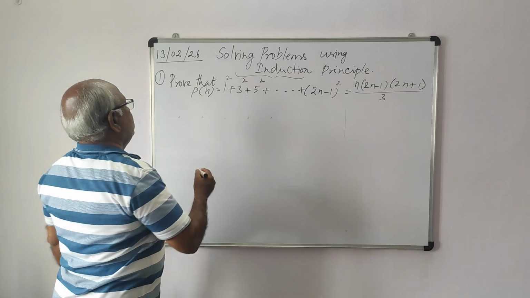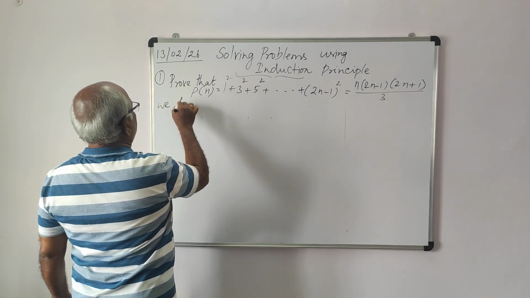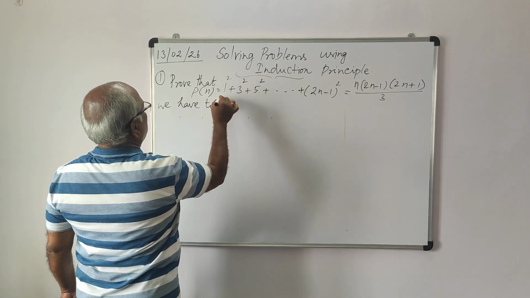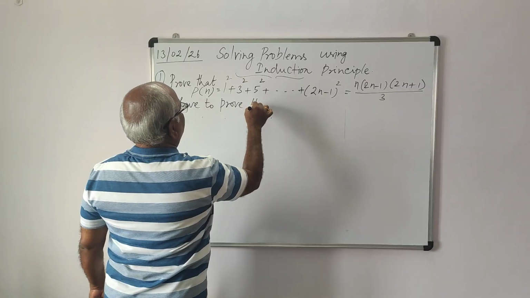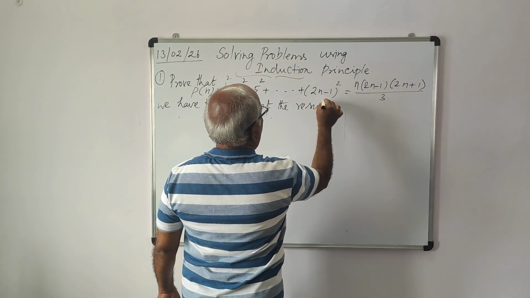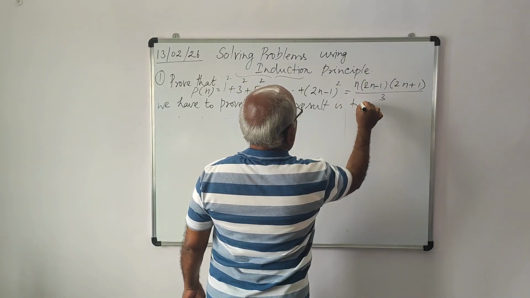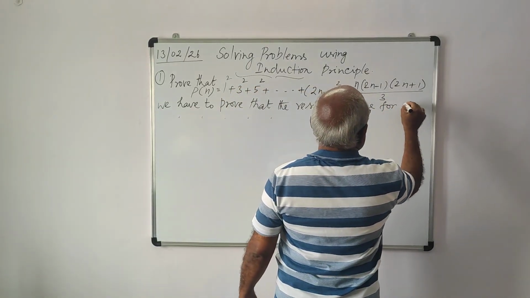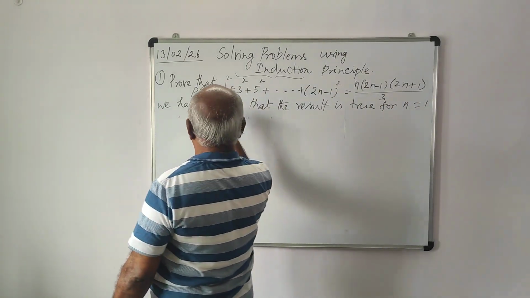Our first step is to prove that the result is true for n equal to 1. That is P of 1.